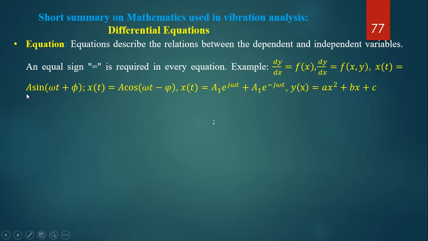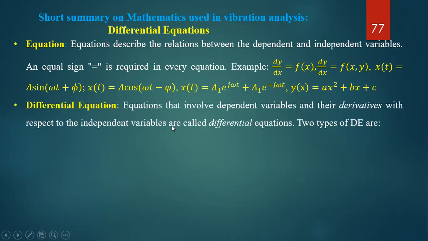These are trigonometric functions, these are differential equations, and then there is a quadratic form of equations. We must know how to find solutions for such equations. That is the intention of this discussion.